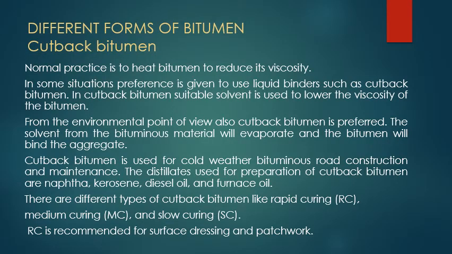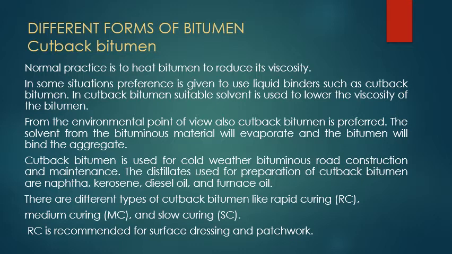Now coming to different forms of bitumen, say cutback bitumen. In order to achieve the fluid consistency of bitumen at a relatively low temperature with normal heating, this cutback bitumen has been developed. The normal practice is to heat the bitumen and reduce the viscosity, as we had seen in the earlier slide.